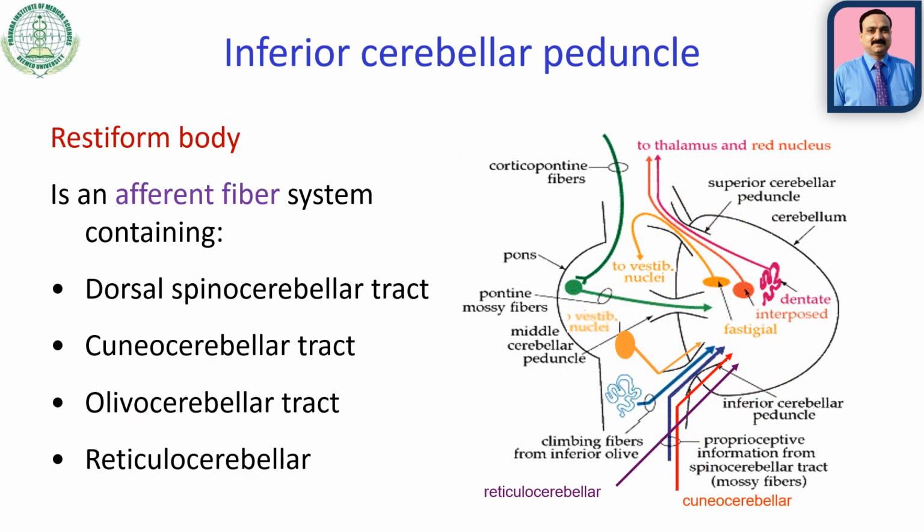First, the restiform body. It is an afferent fiber system containing the dorsal spinocerebellar tract, cuneo-cerebellar tract, oleo-cerebellar tract and reticulocerebellar tract. You can make out here, this is the inferior cerebellar peduncle, which contains the different afferent fiber systems together called the restiform body.